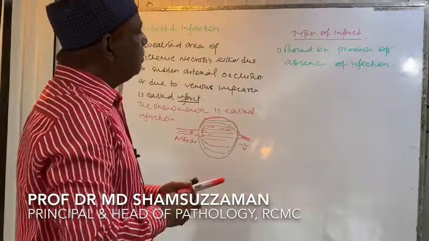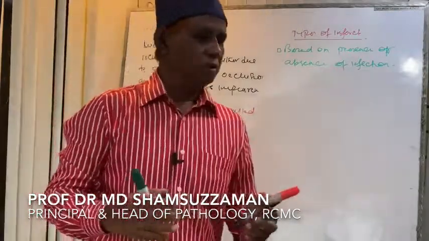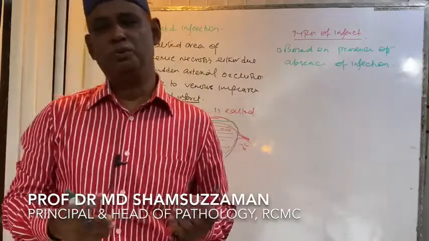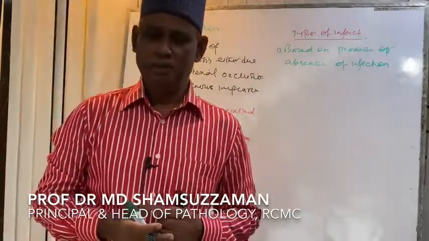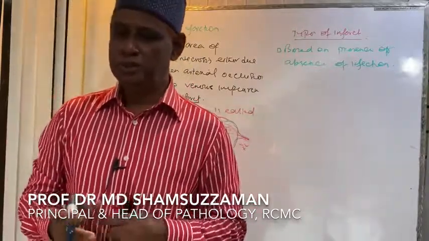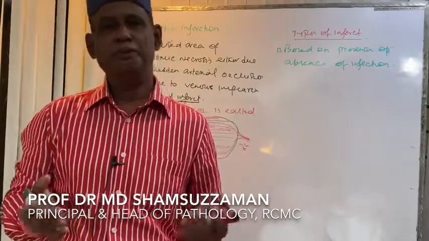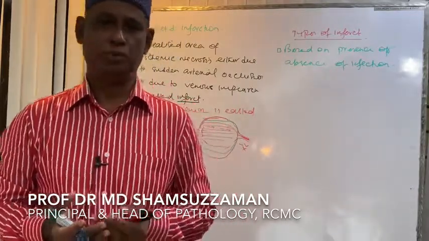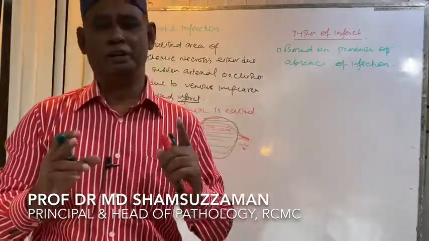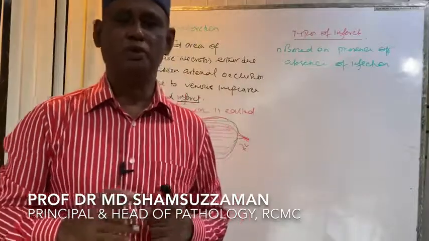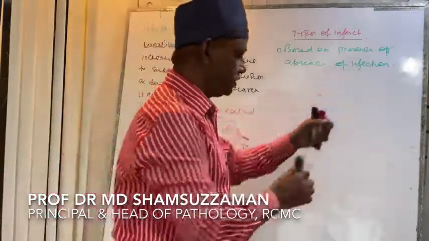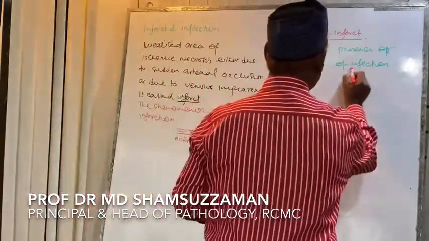Dear audience, we know the reaction of vascularized living tissue to a local injurious agent, provided the injurious agent does not destroy the tissue, is called inflammation. There are so many causes of inflammation. One of the causes of inflammation is microorganism. So, if inflammation is caused by microorganism, that inflammation is called infection.